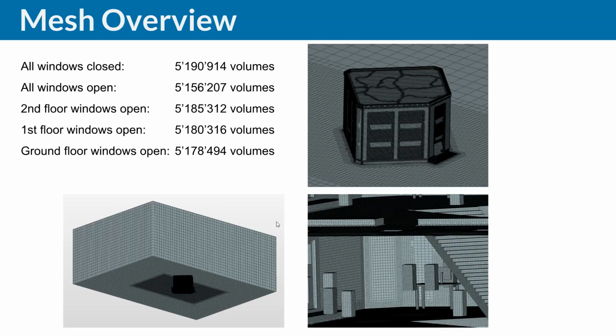And this is how the final mesh looks. It contains over 5 million volumes, which means we are calculating pressure, velocity, and temperature for the air at 5 million points. And here you can see some details. This image, for example, shows how we refined the mesh near the building.